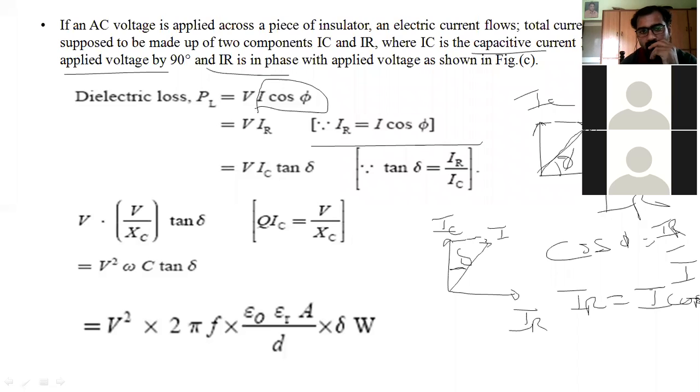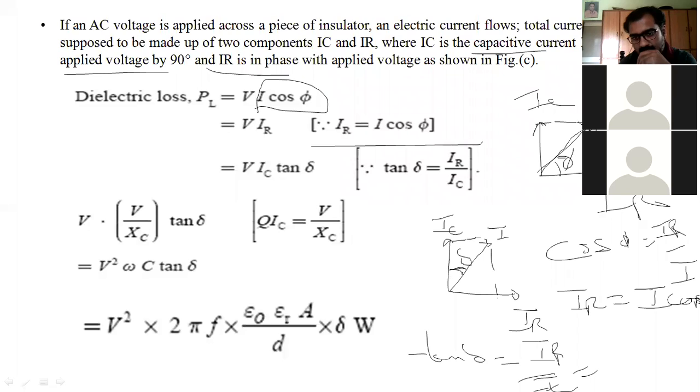When you consider tan delta, what happens? Opposite by adjacent, that is sine delta by cos delta, opposite by hypotenuse over adjacent by hypotenuse. The hypotenuse cancels and we have opposite by adjacent. Here the opposite is your IR, because we consider the angle with respect to IC.